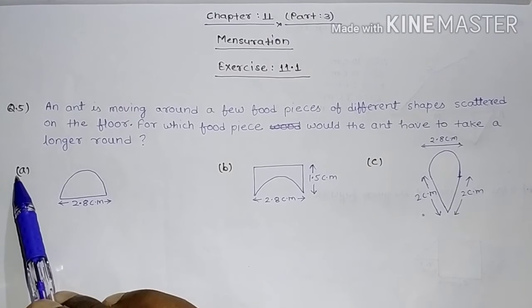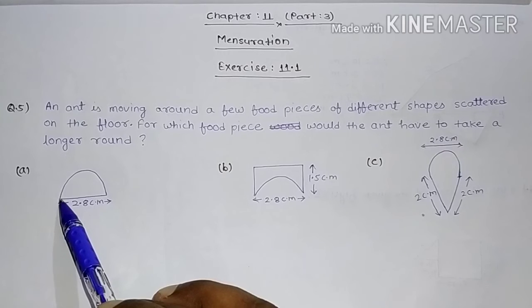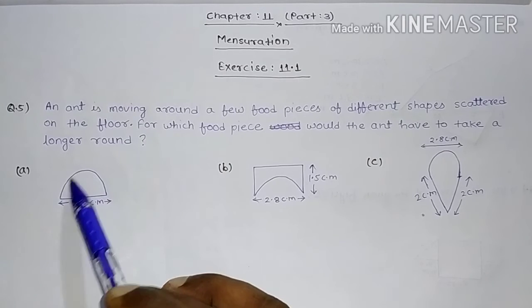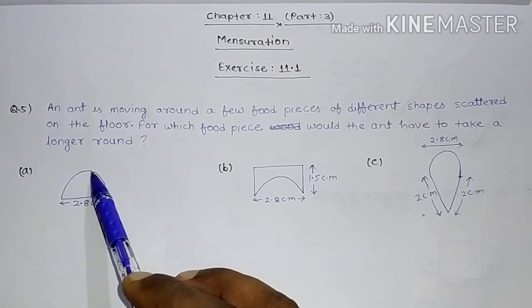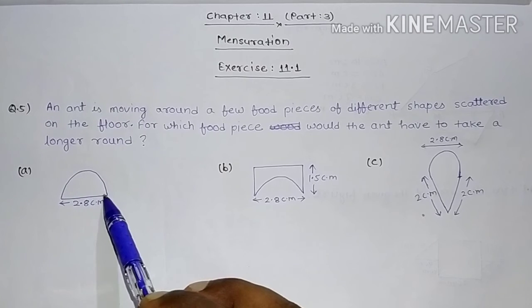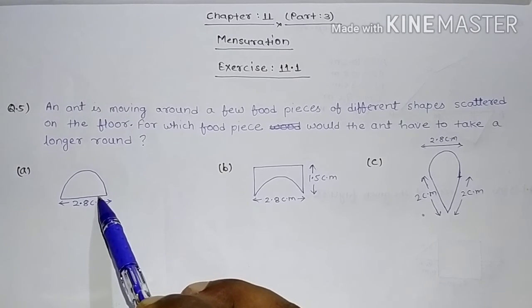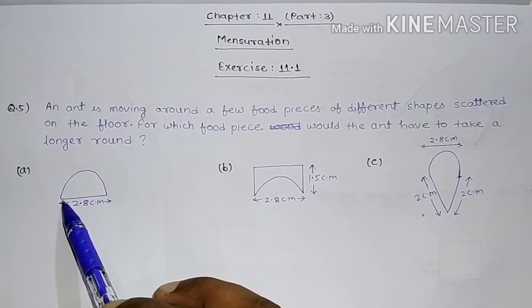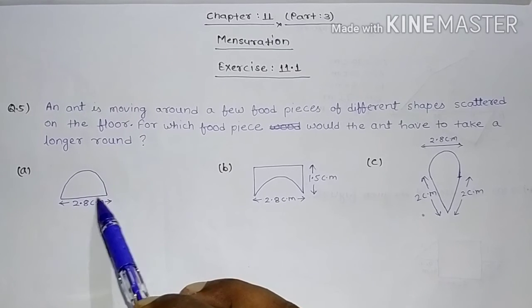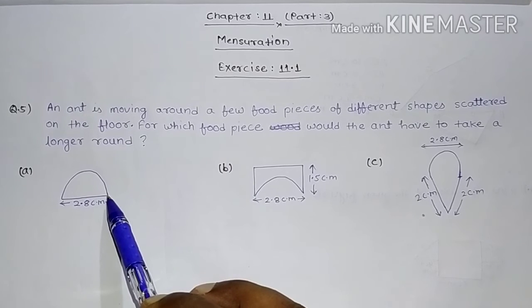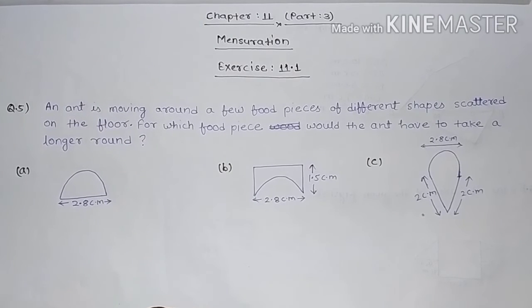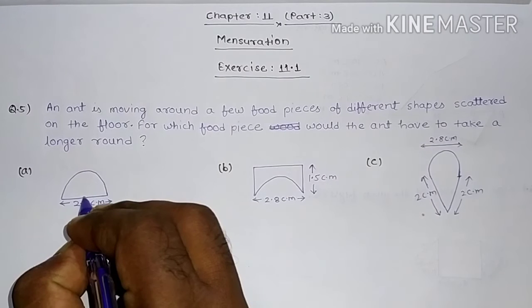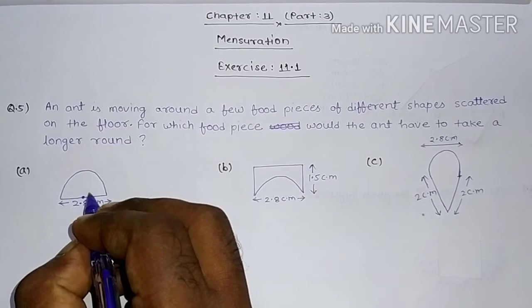Simply, the A part. This is the shape of a semicircle. This is the half circle, and this is the diameter. Here we have to find the length of this half circle and this diameter, and the diameter is given as 2.8 centimeter. So let's suppose this is the center. Then what will be the radius?